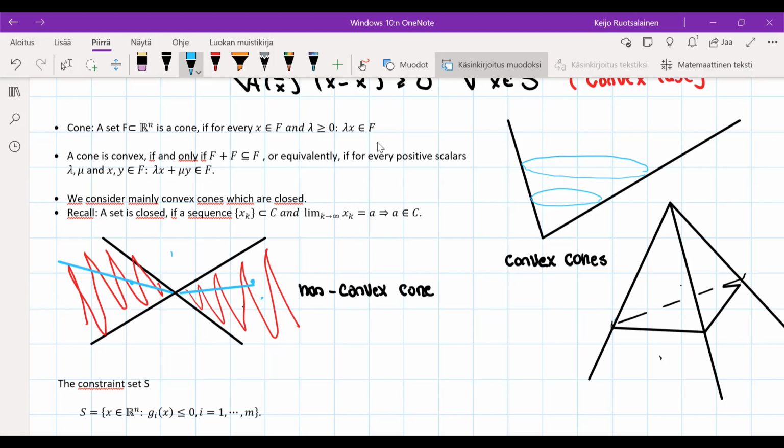So it is quite easy to see that the cone is convex if and only if this condition F plus F is a subset of F is valid.